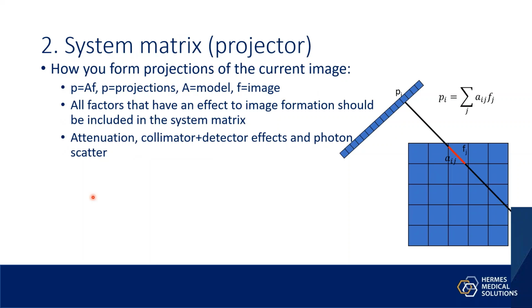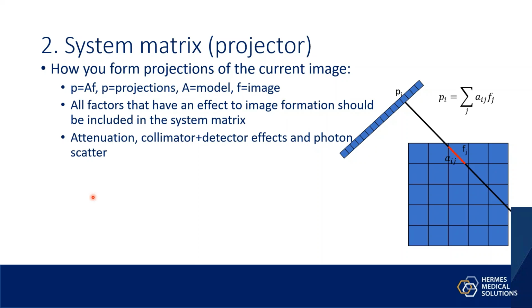Then the next ingredient of a statistical reconstruction method is the system matrix, and this is probably the most important part of an iterative method. It tells you how we convert the 3D image into 2D projections and back, how we convert the projections into images.